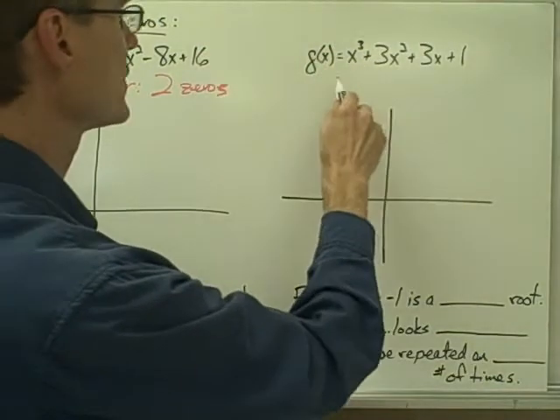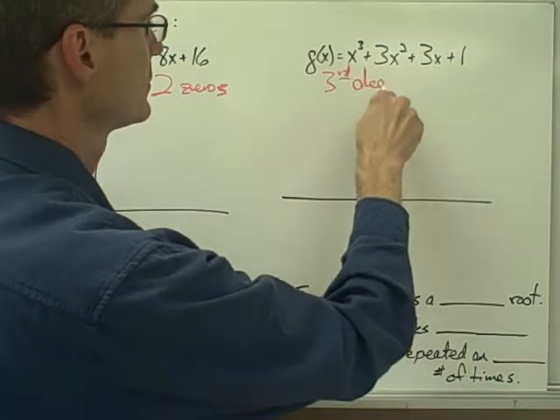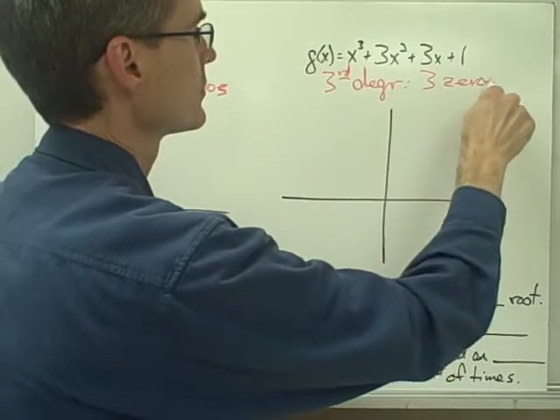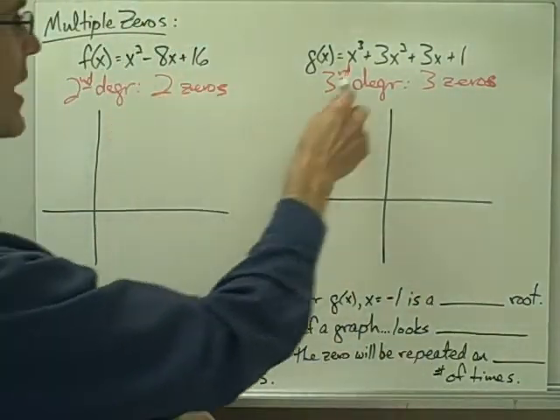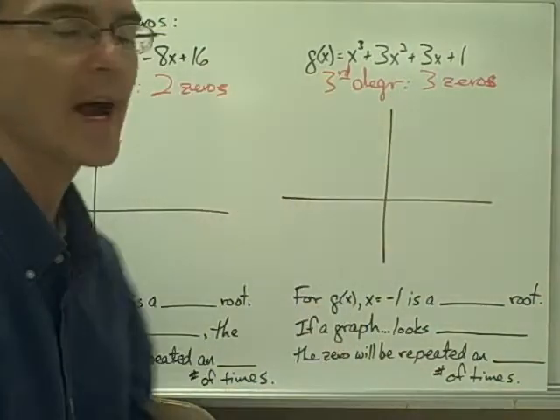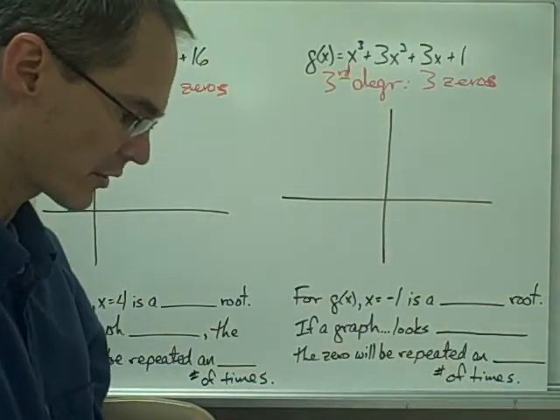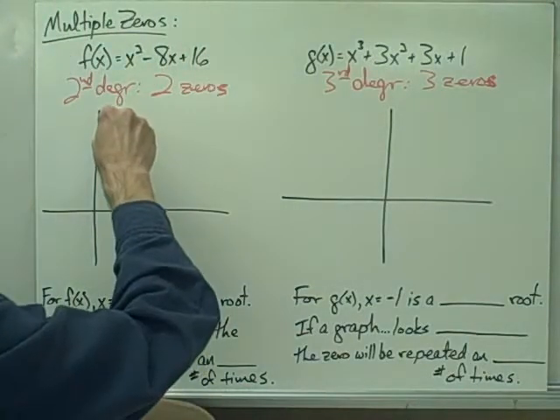And since this function is a third degree polynomial function, I would expect that it would have 3 zeros. Well, if I actually take out my graphing calculator and graph these two functions, they are going to look something like this.